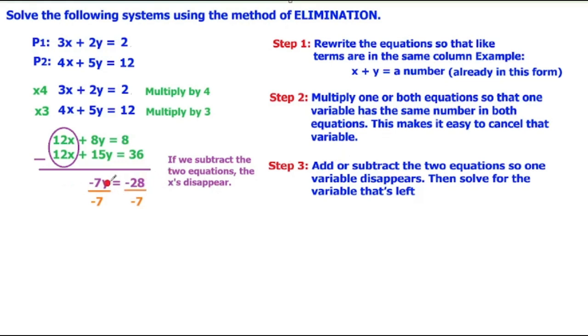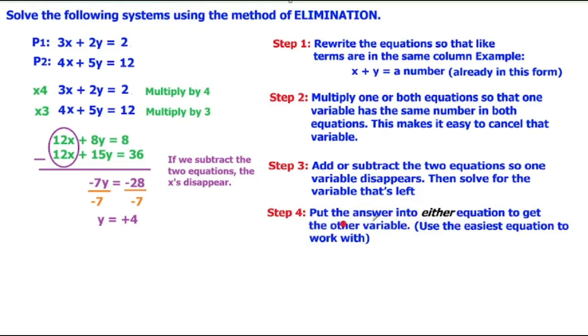So now we want to isolate y, so we divide both sides of the equation by negative 7, so that the negative 7's cancel out. And we're left with y equals positive 4, because negative 28 over negative 7 gives us positive 4.